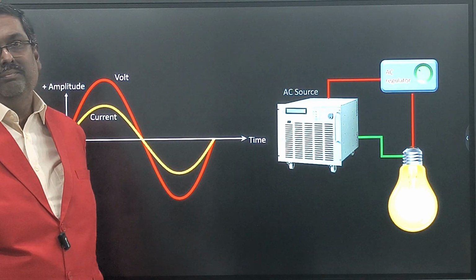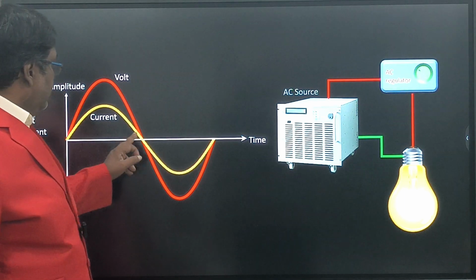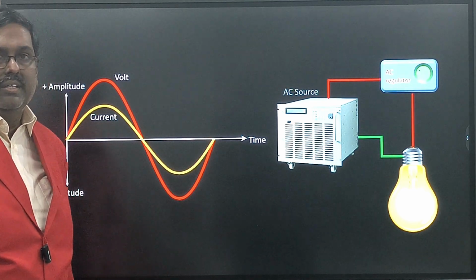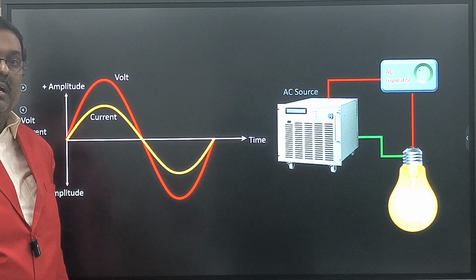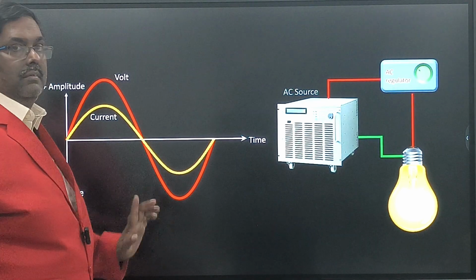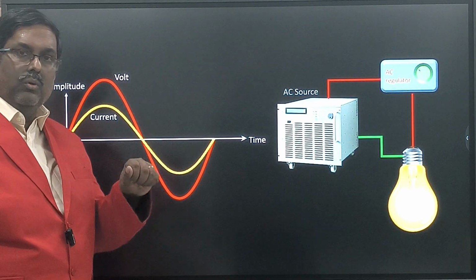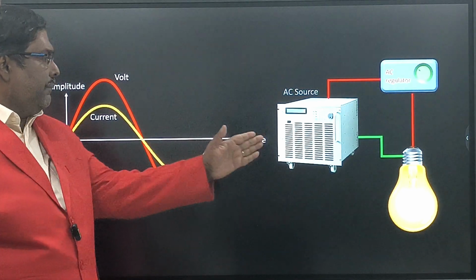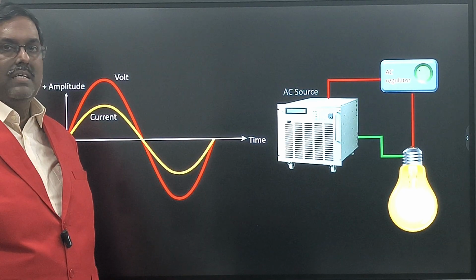This is happening. So in between we are getting three places with no current and no voltage. This zero voltage, zero current, nothing is there. That means it looks like a switch off. What will happen to the bulb at this switch off? We will see what is happening there.